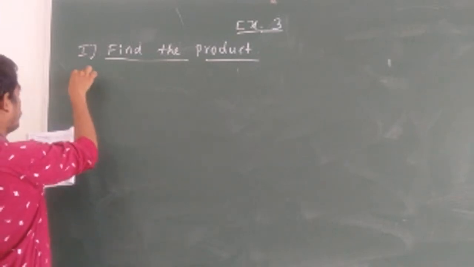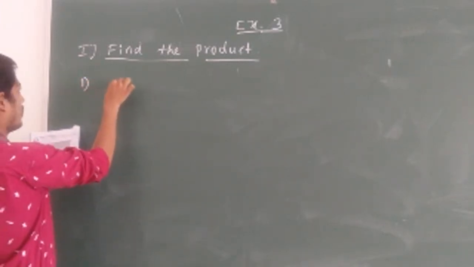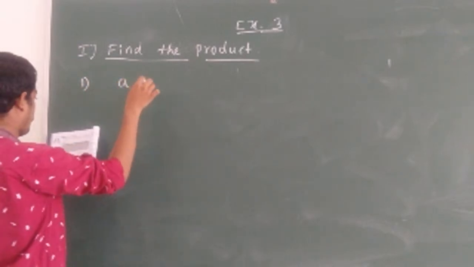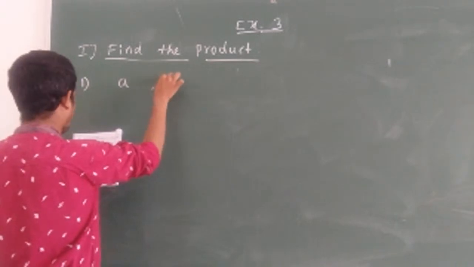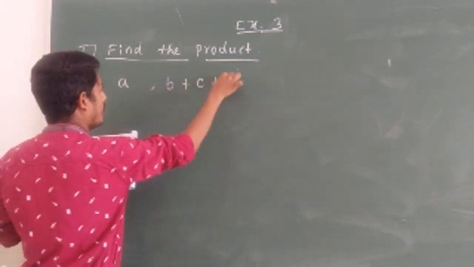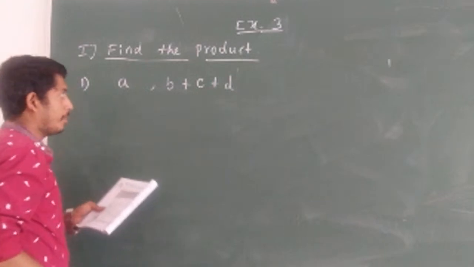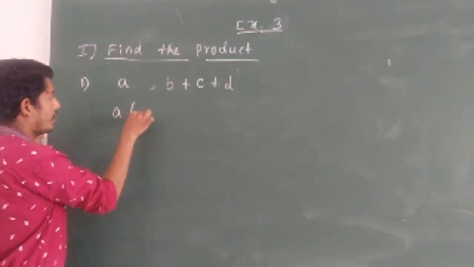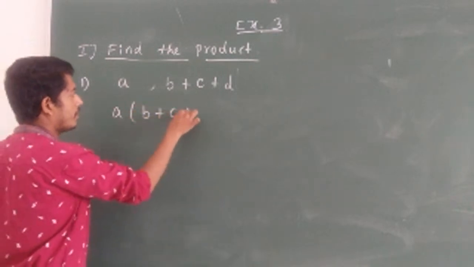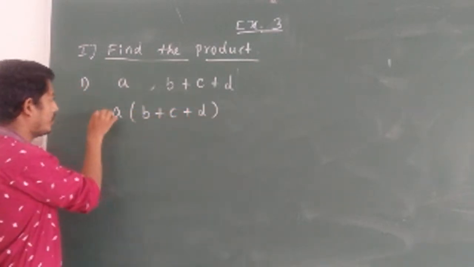So first one, A, and the next term is B plus C plus D. To find out the product, we will multiply A into B plus C plus D. What does it become?